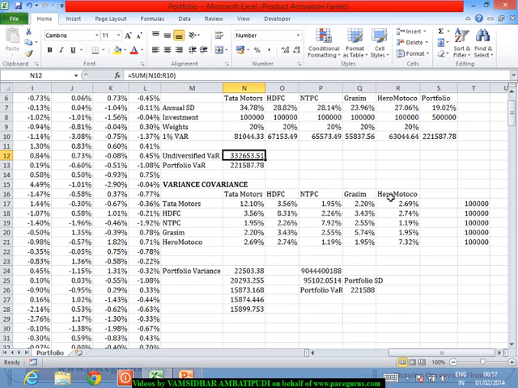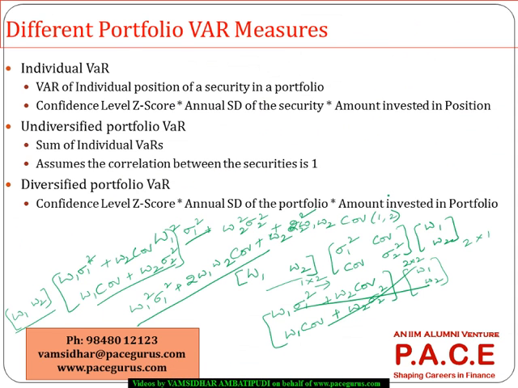If the correlations between the securities were very close to 1, the overall VAR of the portfolio would have been 332,000, but right now because of the diversification, the portfolio VAR with 99% confidence level has come out to 221,587 only. So these are the things associated with the portfolio VAR.